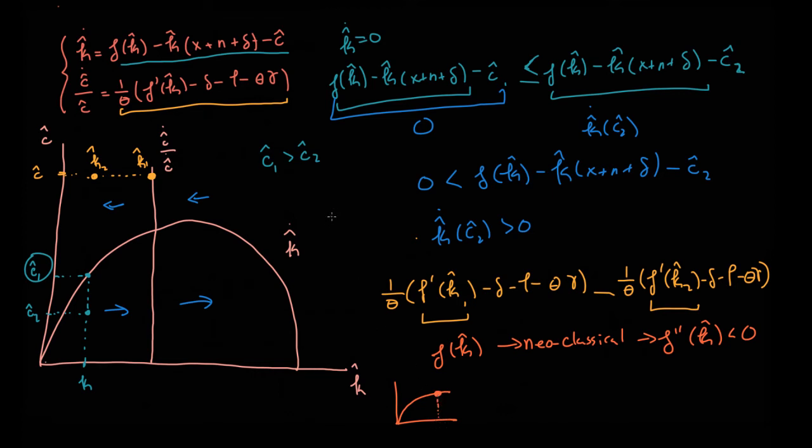We know that K hat 1 is greater than K hat 2. So at the higher value, K hat 1 is actually going to have less of a slope than K hat 2. In terms of first derivative, K hat 2 is going to be greater than K hat 1. So we can say that f prime of K hat 1 is less than f prime of K hat 2. So for our big mess up here, we just have the same thing.